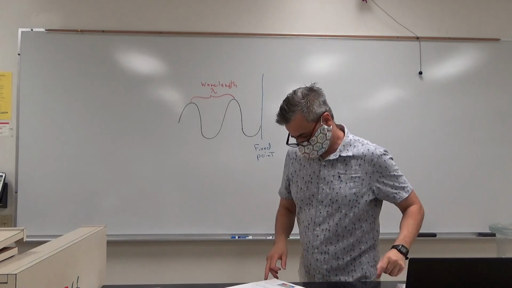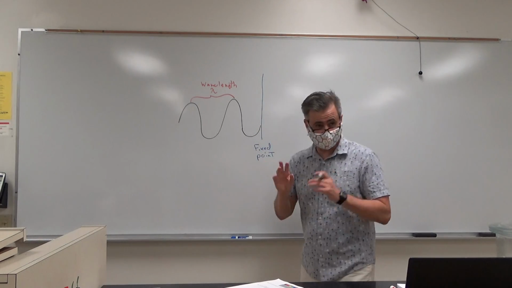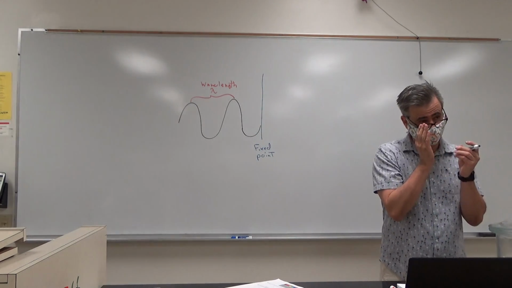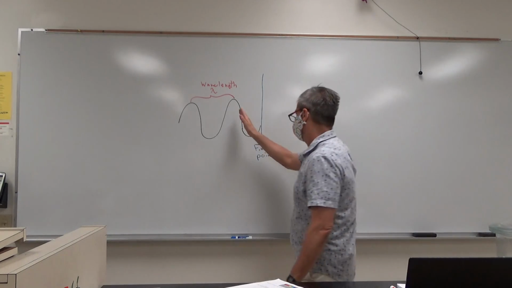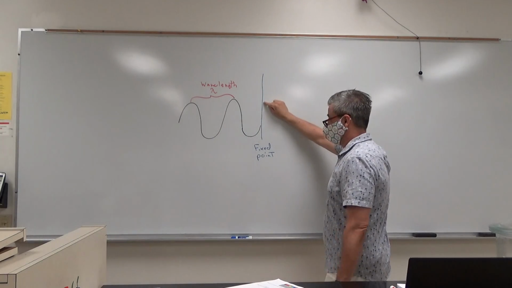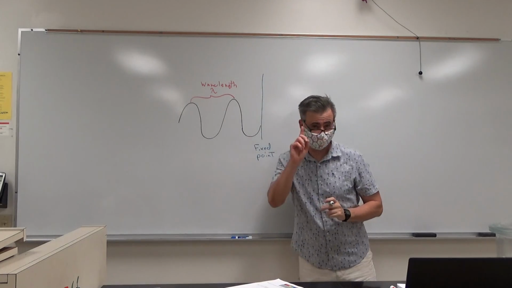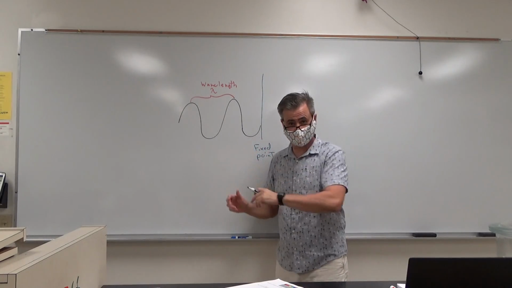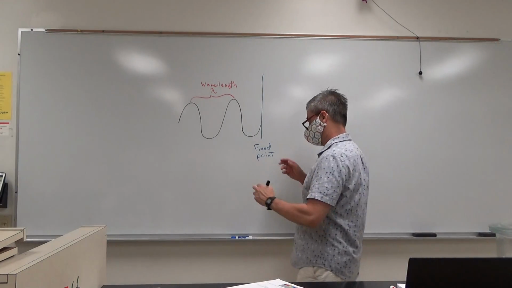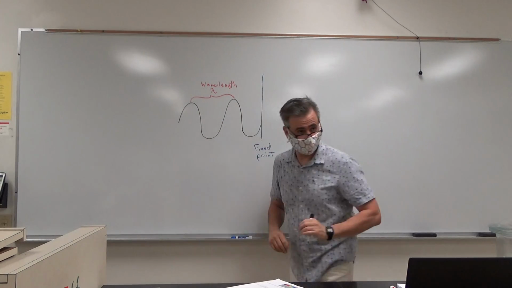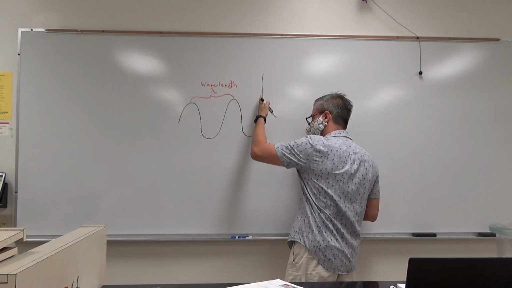That's wavelength, and then frequency is if you again decide on a certain point of the wave, let's say the peak, how frequently does it go through one cycle? One cycle would be one peak to one peak, or one trough to one trough. Again, it's arbitrary what you pick. How many times does one cycle, going peak to peak, go through a fixed point?